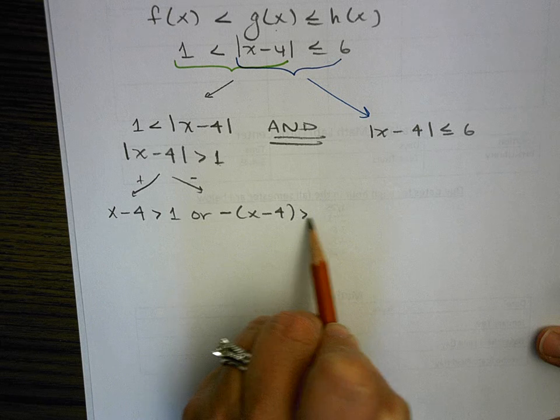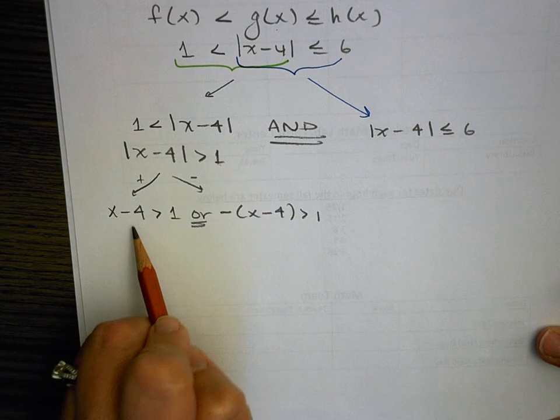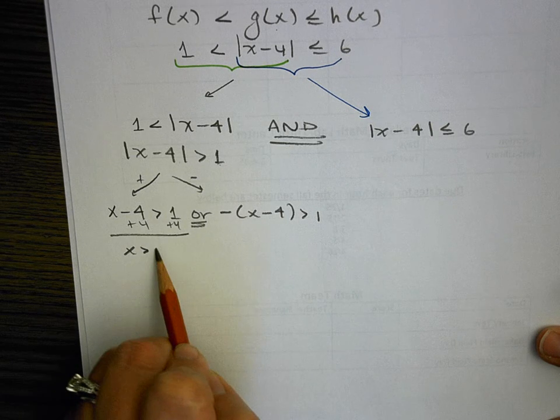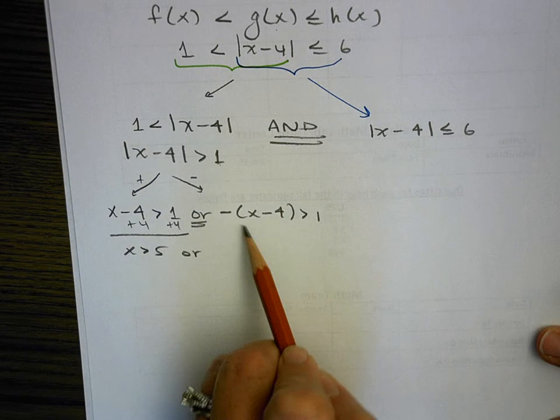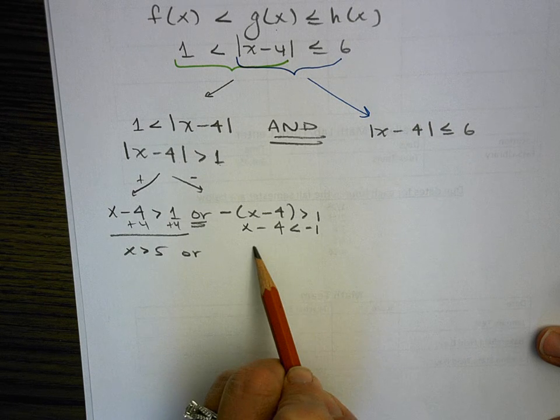And then I knew it was an or because it's greater, and then solve this. So I'm going to add 4. And then I'm going to divide by that negative 1, remembering to switch the inequality, and then add 4.